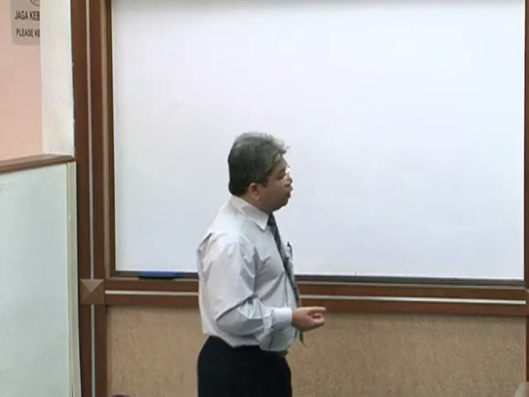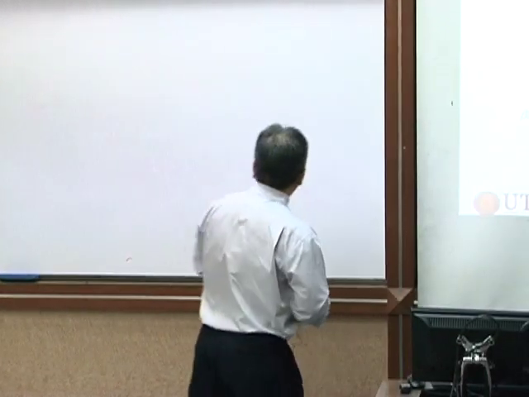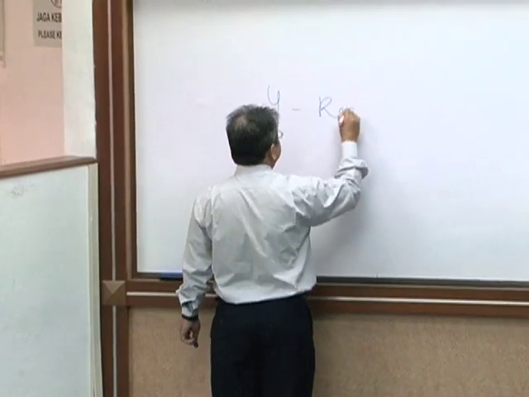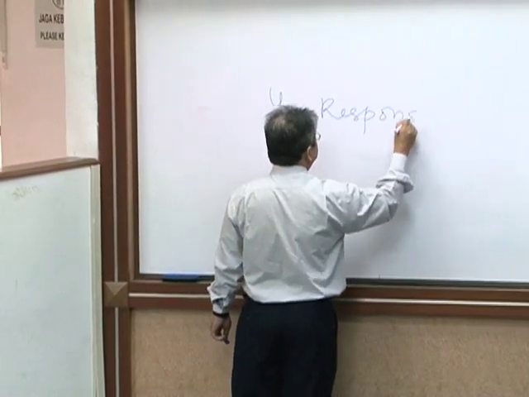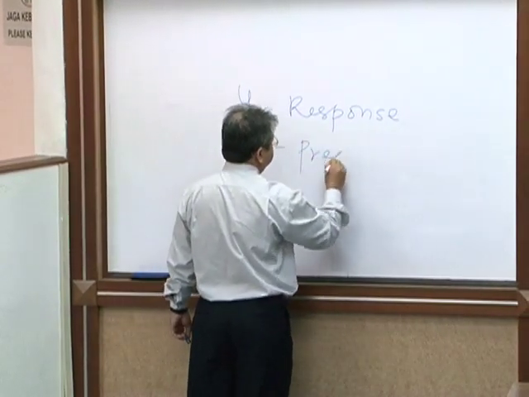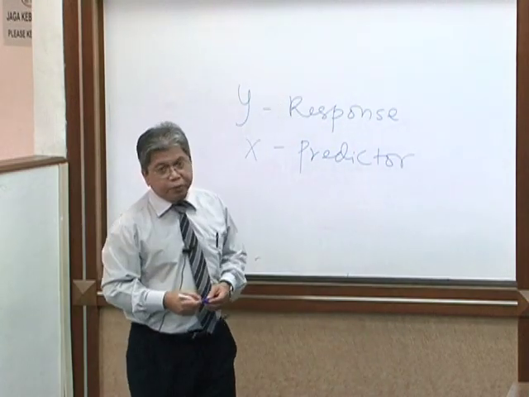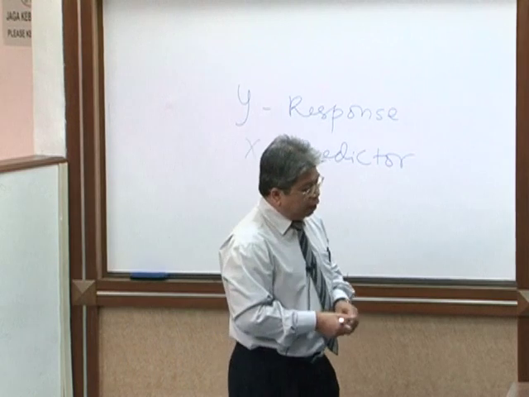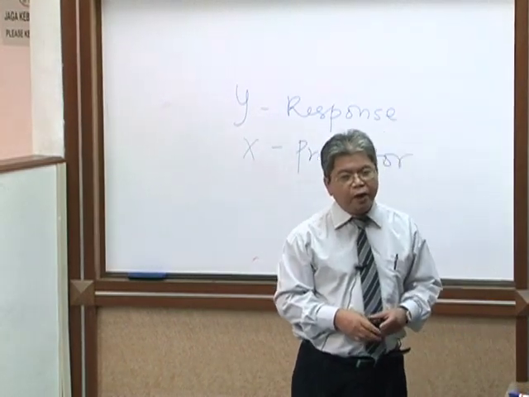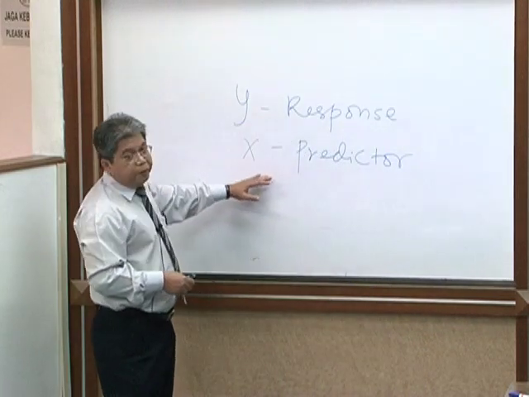There's another term used for y and x, where y is called the response variable, and x is called the predictor variable. Y is the response, and x is the predictor.